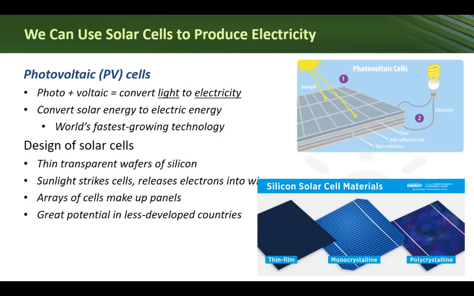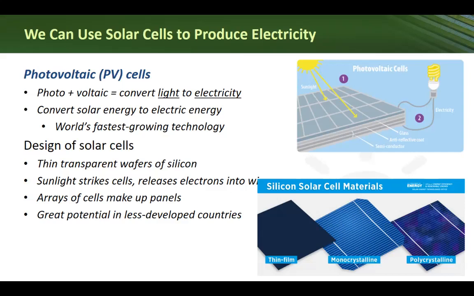Now, you can stack a whole bunch of these wafers of silicon together to make a little system, make a full panel, and this has great potential in less developed countries. When we look at countries that aren't supplied by a major, already existing electrical grid, you can start putting these in to have houses run by themselves, or cities, or camps, or whatever installation we can look at, because they're much lighter and more mobile than most of our other energy sources.